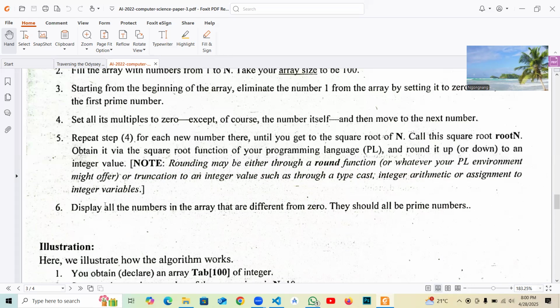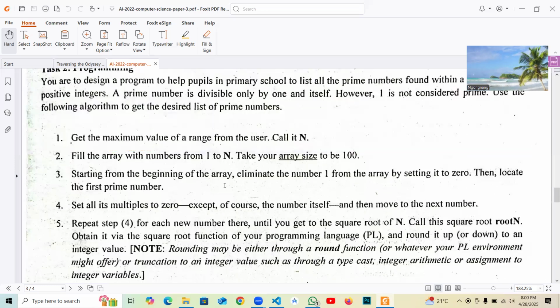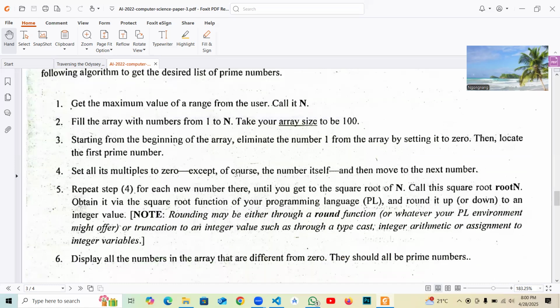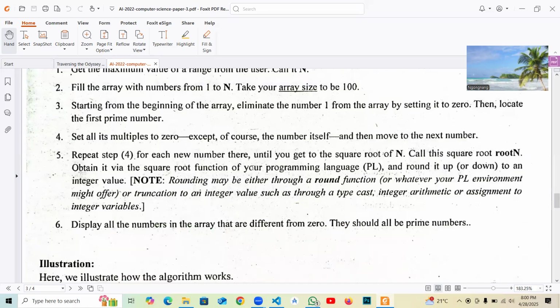So if we set all of those to 0 in that range, we are going to have the remaining numbers, which shall be prime numbers. Good. So this is interpreting the algorithm and interpreting the question for you, since you said you equally have trouble interpreting questions.